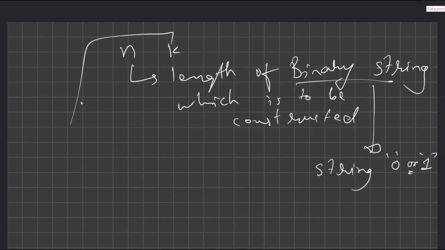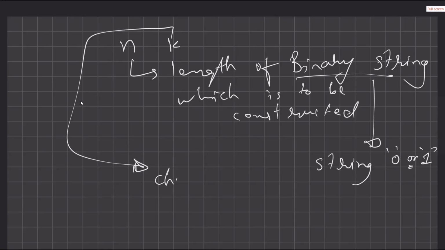And what is k? k is basically the number of adjacent pairs. We have to choose k indices. Let a particular index be i, which is in the range from 1 to n minus 1.